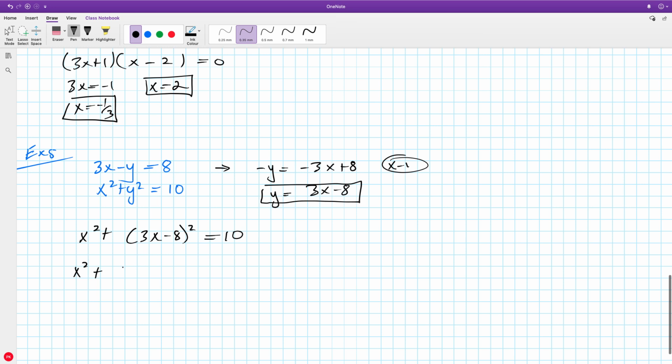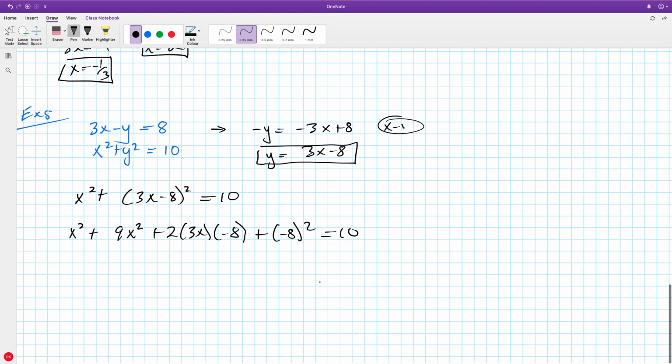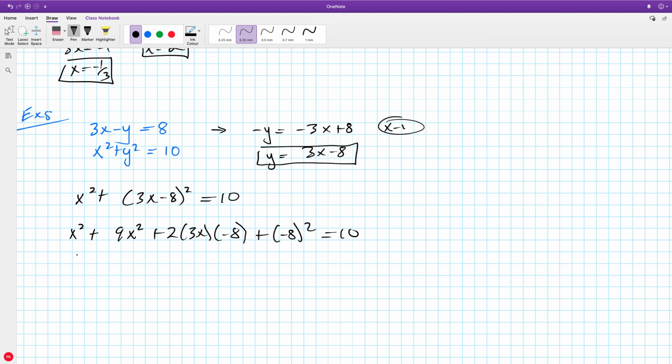Square the first, which is 9x squared, plus twice the first by the second, plus square the last, is equal to 10. You can square it out normally if you want. X squared plus 9x squared plus minus 24x times 2 is minus 48x, plus square the last, 64, is equal to 10.